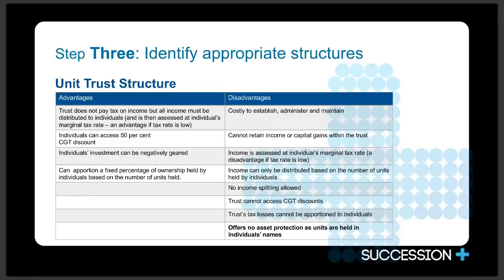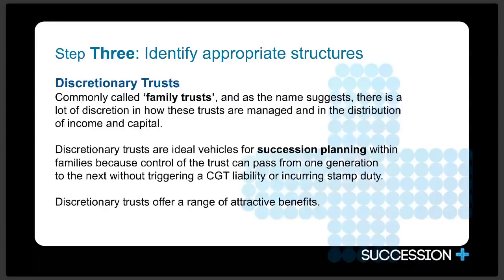So there's some disadvantage. The big disadvantage in bold at the bottom right there is if Craig West owns those units in that unit trust in his own name, the asset is just the units, and underlying those units is the asset that the trust holds. So there's not really a great level of asset protection sitting inside a unit trust.